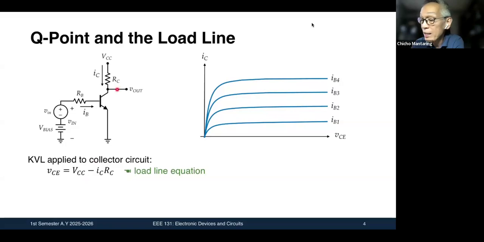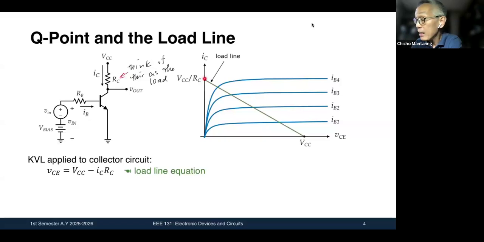The premise of that is RC is the load. So you might think of this as the load of our amplifier. If I plot IC versus VCE, it is just a straight line with a negative slope.